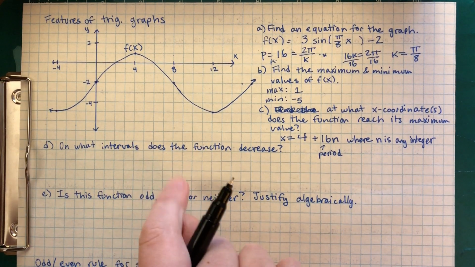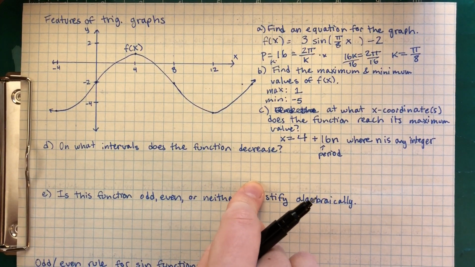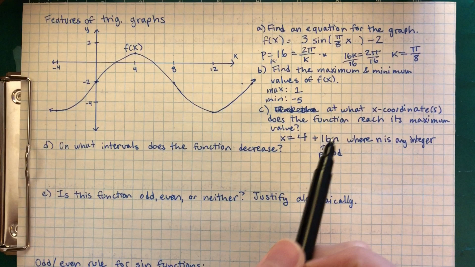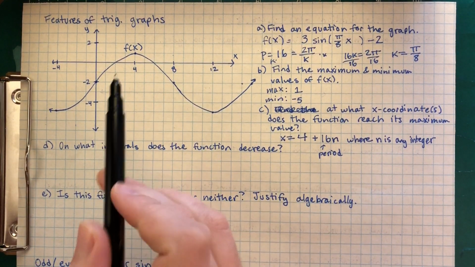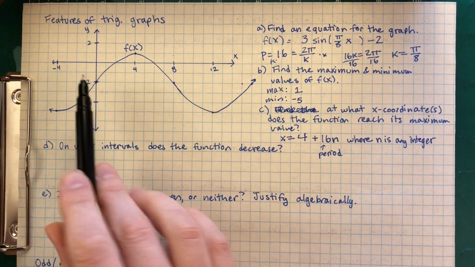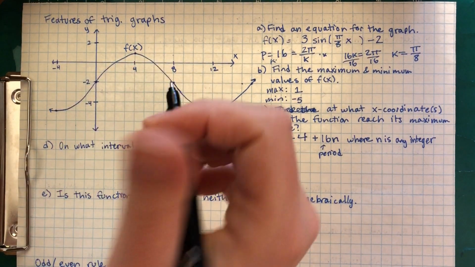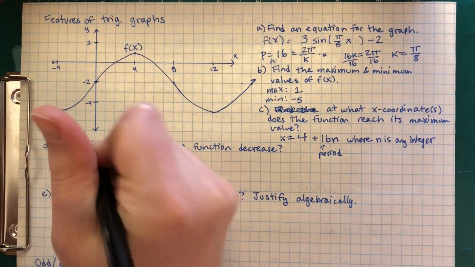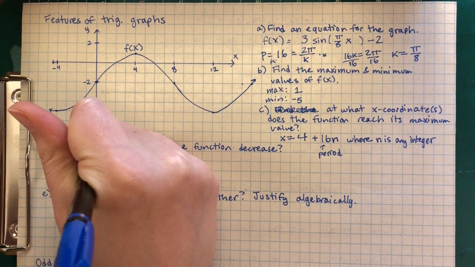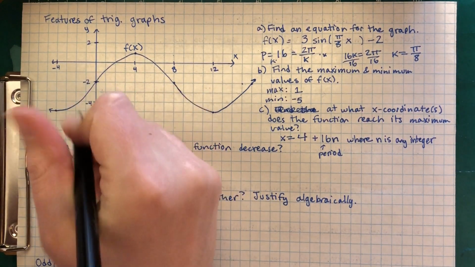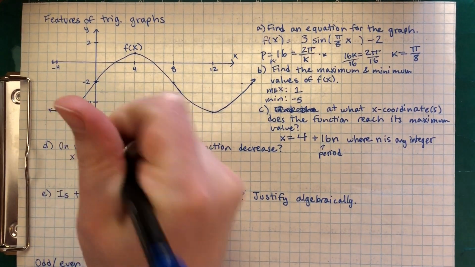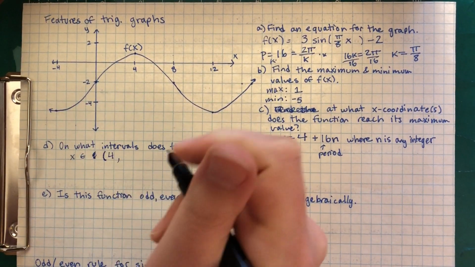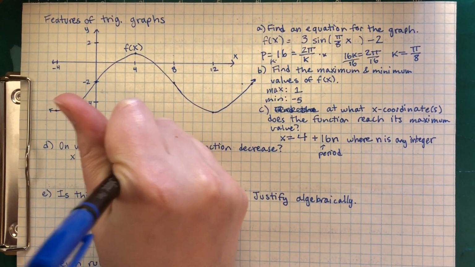At what intervals does the function decrease? So we're going to kind of use the same strategy here as we did to answer the maximum value. We can see on this graph that the function is decreasing from x equals, let's see, this should be around parentheses because we're not including the value of 4, but from x equals 4 to 12.